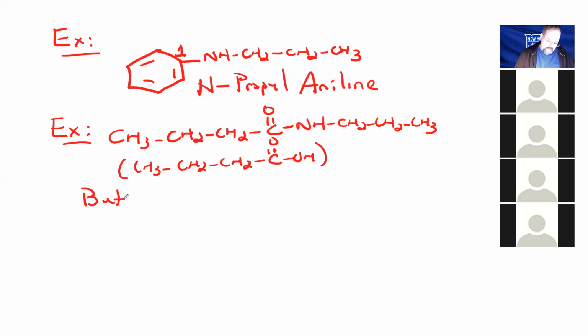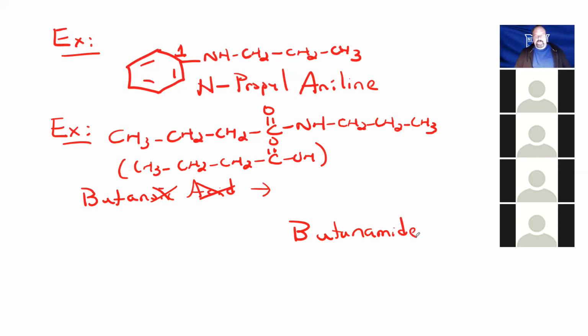That carboxylic acid would be known as butanoic acid. Take out the oic, take out the acid. So the parent name for this amide would be butanamide.